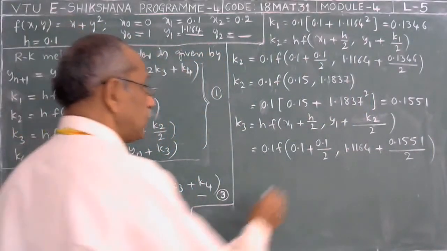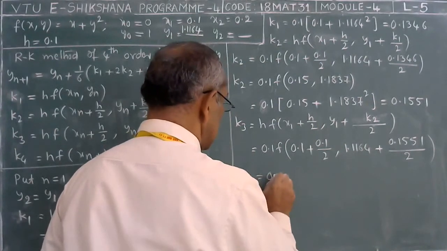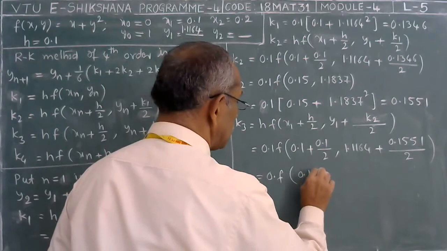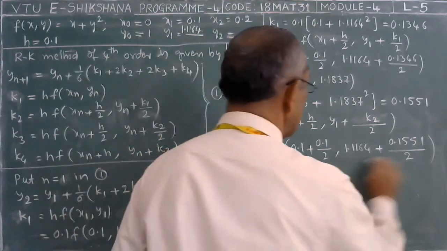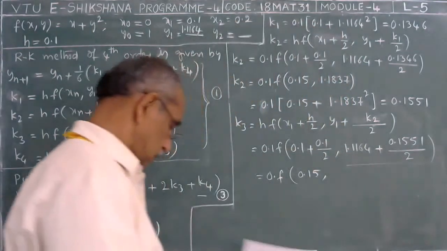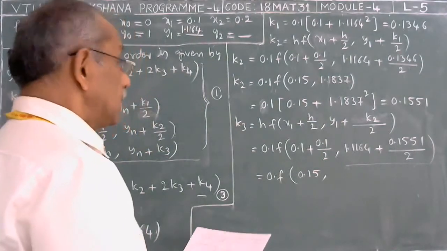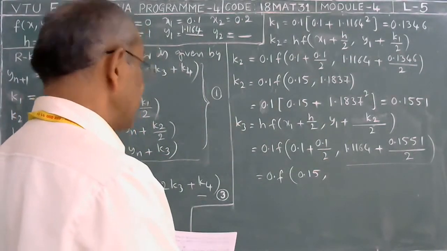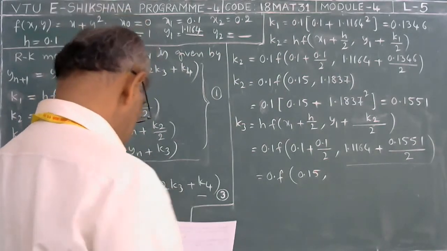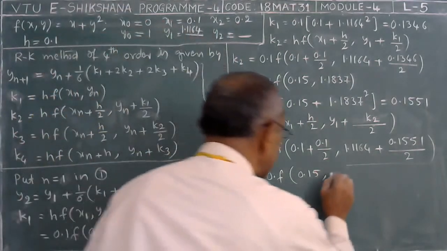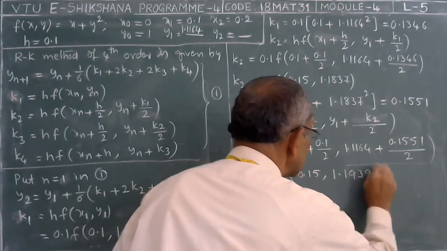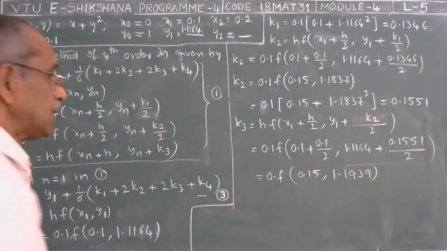So now, if you simplify, this is 0.1 into f of 0.15 comma. If you compute this, you get 1.1939. Okay, apply the definition now.